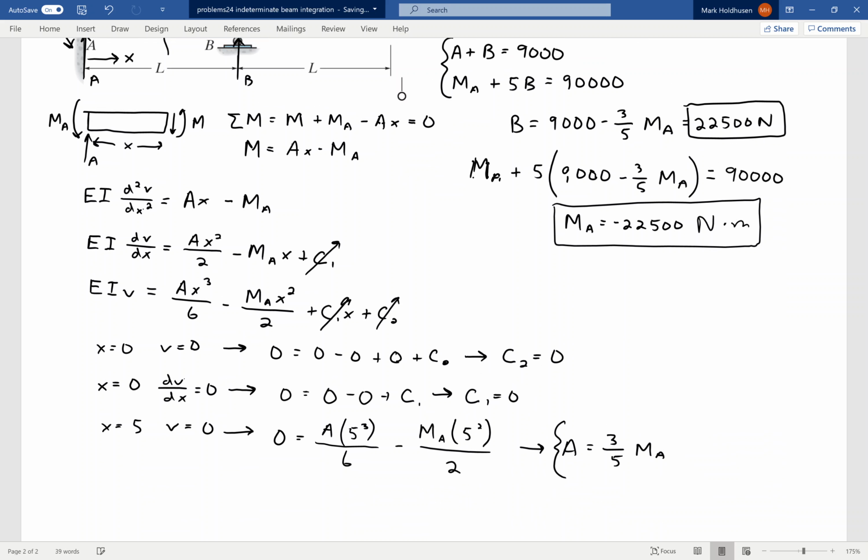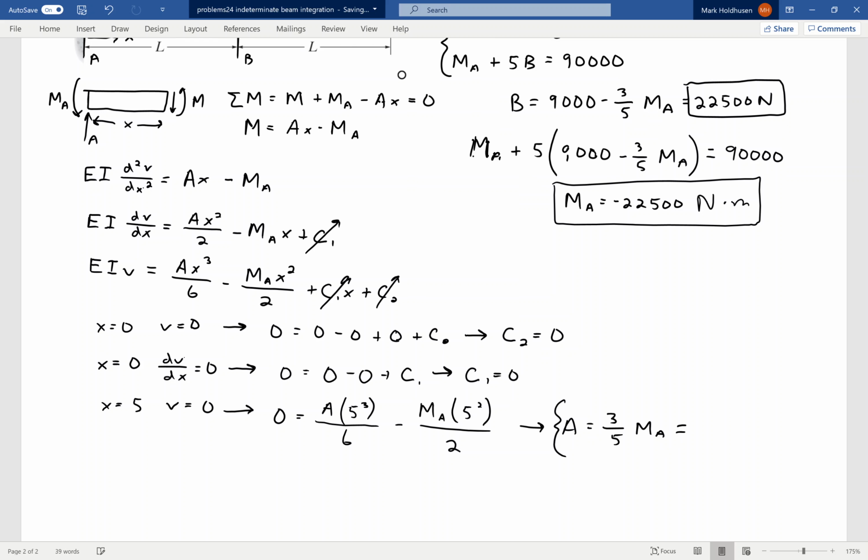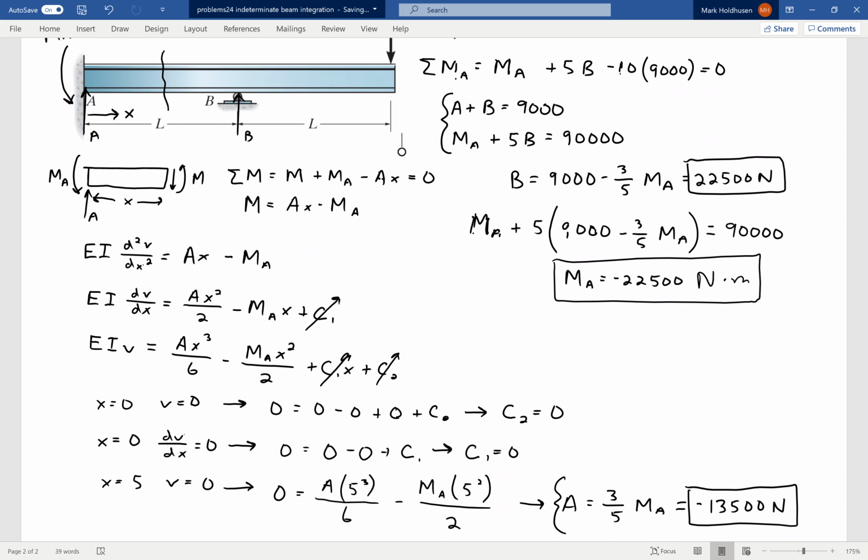And then I can come down here and A becomes negative 13.5. What that means is the reaction at A, which I assumed going upward, is actually downward. That's all that negative sign means. But again, all we do on this is try to do statics, get two equations with three unknowns, so it's statically indeterminate. Then we use what we know about deflection using the moment, a couple of integrals, and those boundary conditions to get a third equation that I can use to finish solving the statically indeterminate problem.